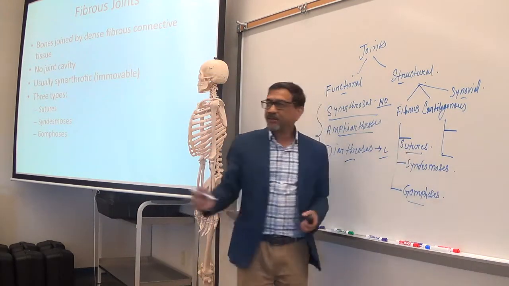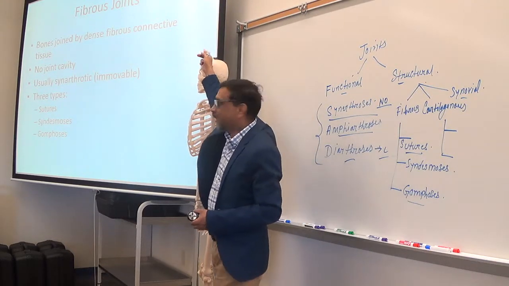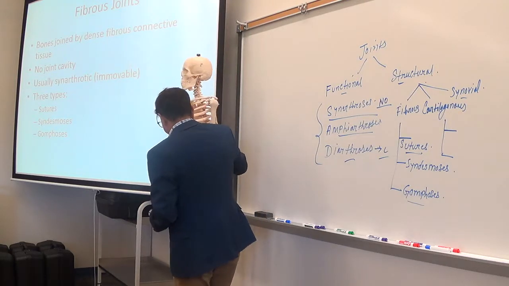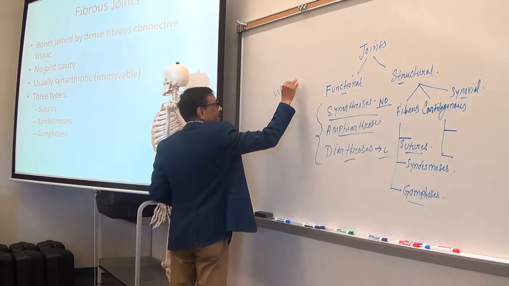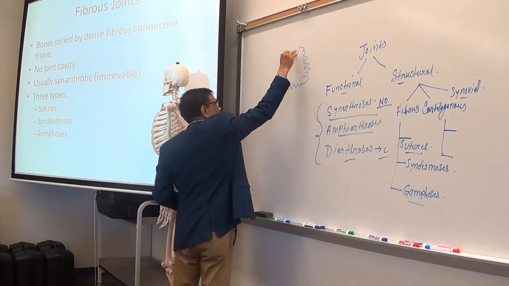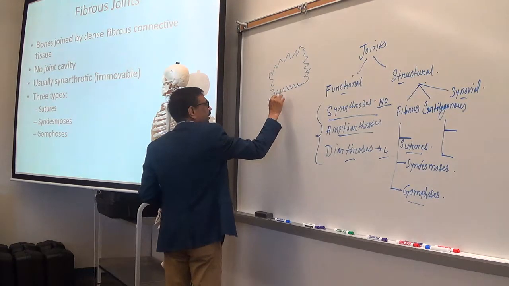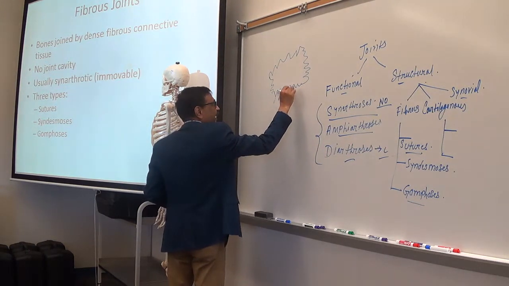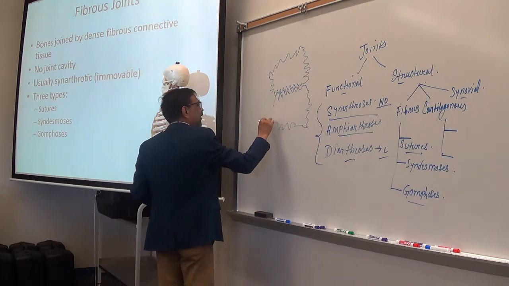Sutures you already know, in the skull, right? What happens in sutures, if you see, this is the edge of the bone. This is one bone, for example, a parietal bone. This is another parietal bone. They go like this, interlock. Another parietal bone is here, okay?